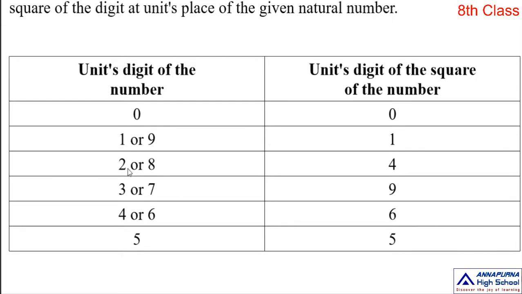If the units digit is 2 or 8, its square has 4. If it is 3 or 7, its square has 9. If the units digit in the given number is 4 or 6, its square has 6. And if the units digit is 5, the units digit of the square number is also 5. So these are the important properties of square numbers.